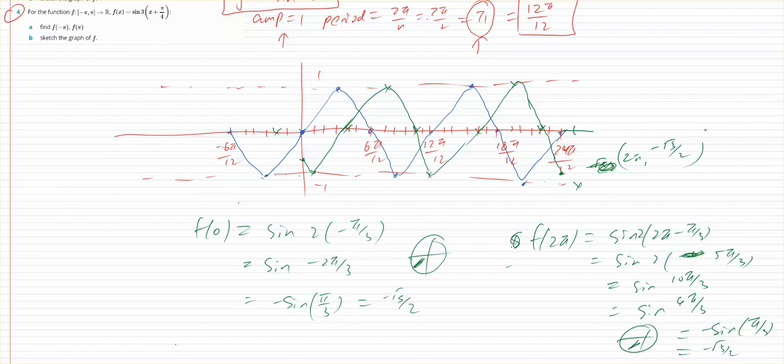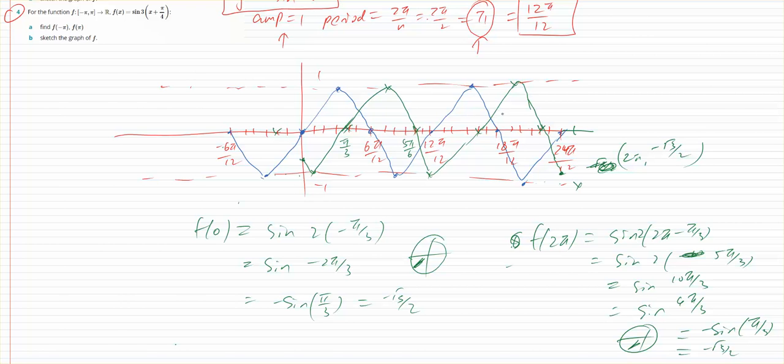To get the x-intercepts is actually quite easy. I don't know what the points are yet, so 1, 2, 3, 4. 4 on 12 is the same as a fraction, that's pi over 3. 4 over 12 simplifies to pi over 3. Then 6, 7, 8, 9, 10. 10 pi over 12 is the same as 5 pi over 6.